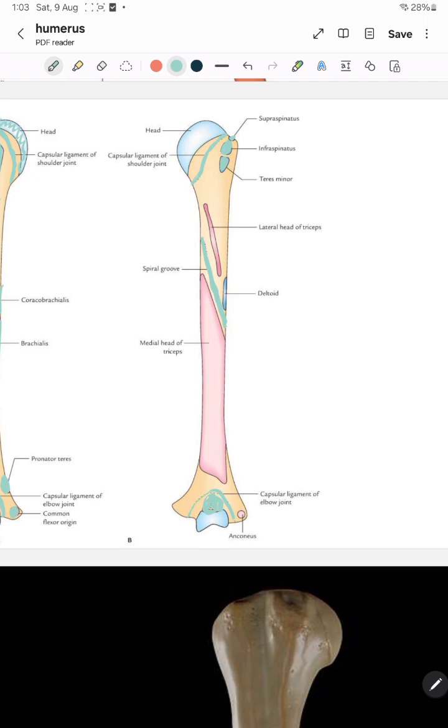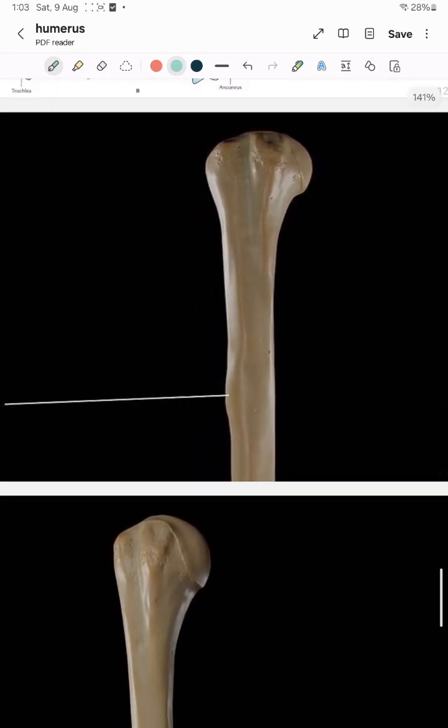It is related to the radial nerve. Above the radial groove, we have the attachment of the lateral head of triceps, and below the groove we have the medial head of the triceps. Long head is not attached to humerus. Long head comes from the infraglenoid tubercle of the scapula.